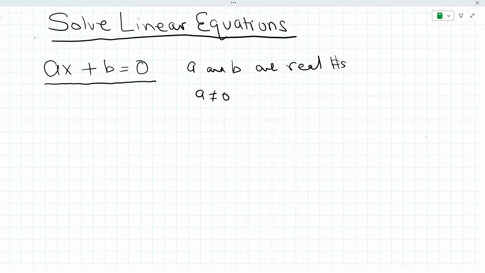All right, now let's try to work out some examples. Example number 1. Let's have 2x plus 3 is equal to 0.